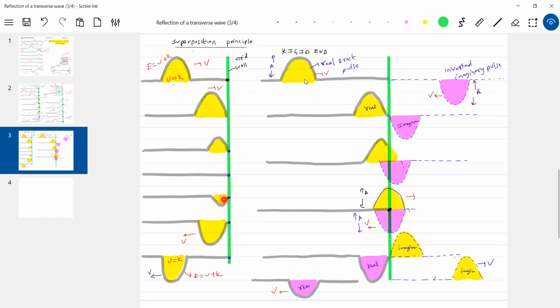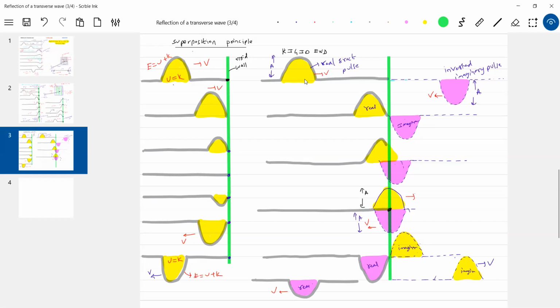It's because of this phenomenon. Why is the rope horizontal? Plus A, minus A. What is the net displacement? Zero. Plus 1 centimeter, minus 1, the displacement of this point is zero. 0.5 plus 0.5, minus 0.5, plus 0.2, minus 0.2. What is the displacement of any point on the rope in this region? It will be zero. Therefore, the rope is horizontal.